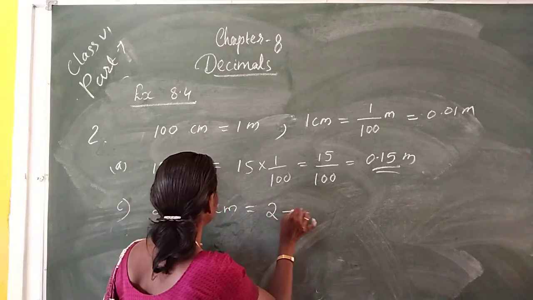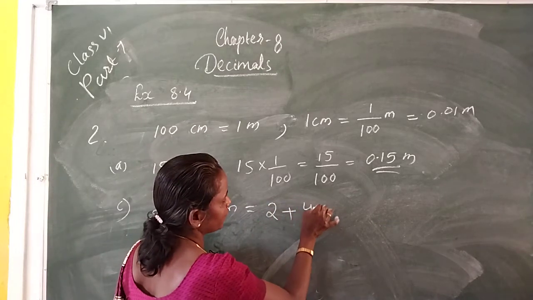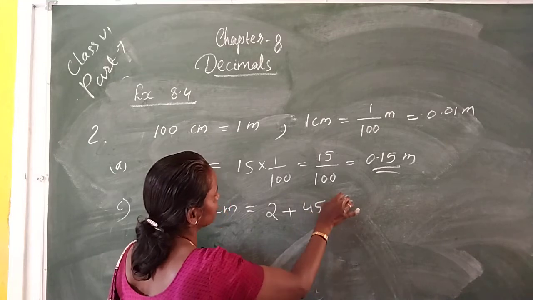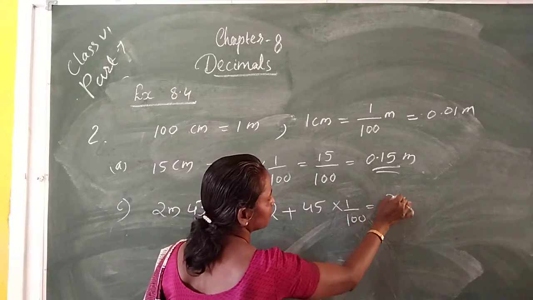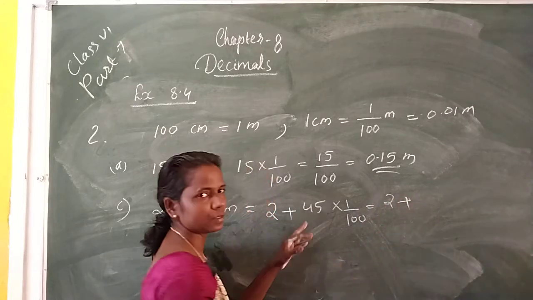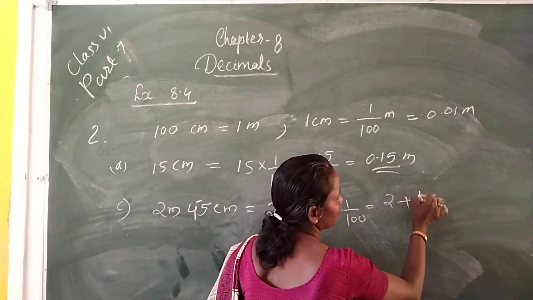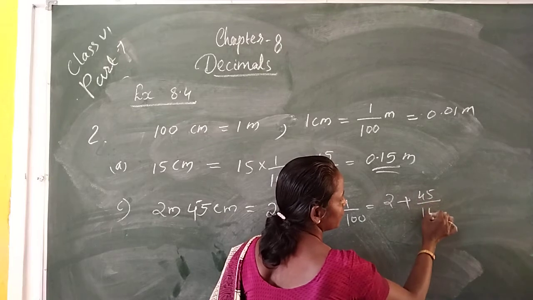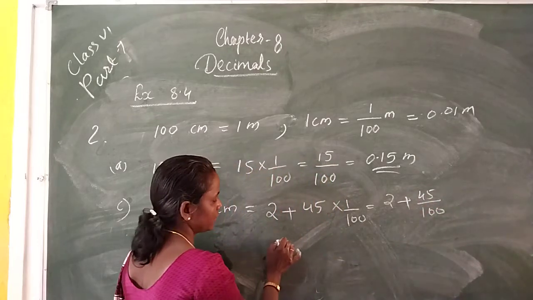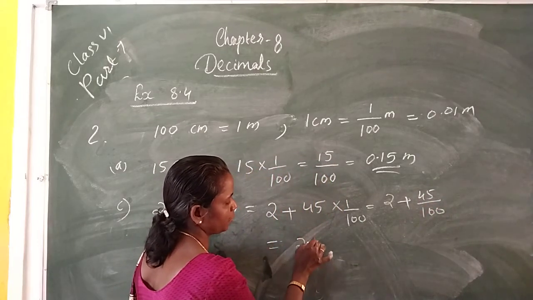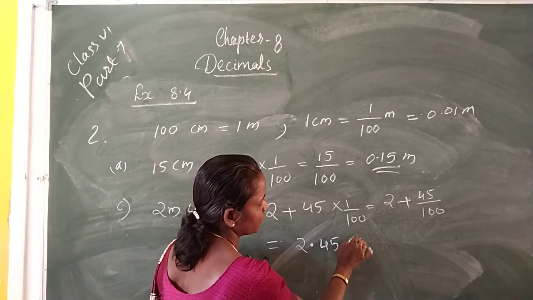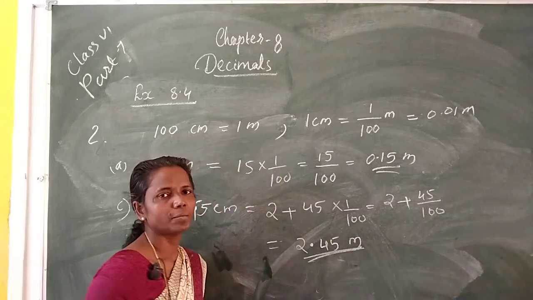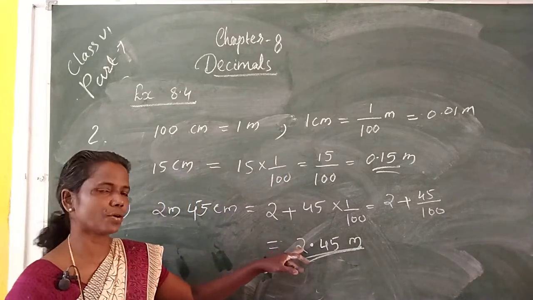So this 2 plus 45 multiply by 1 by 100 is equal to 2 plus 45 by 100 is equal to 2.45 meter. Is it clear?